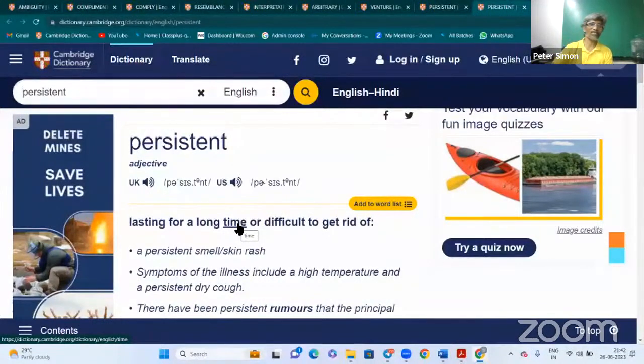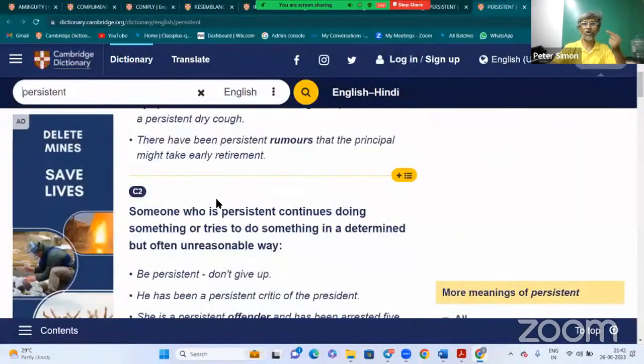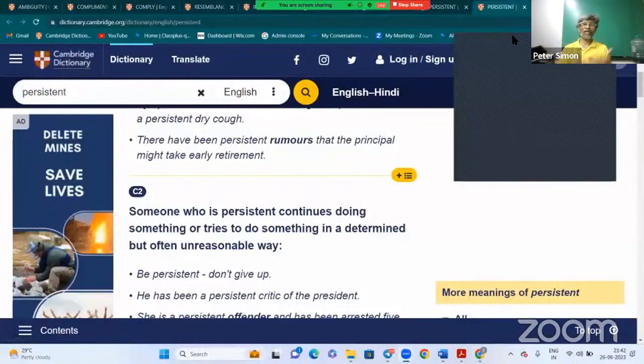So persistent, what is the level of this word? It's a C2 vocabulary. So how well you are playing with the words is very, very important, because I have told you about a number of letters. I have explained many letters, sentences, lines, vocabulary. But now I'm focusing on C2 vocabulary, and on how well you will use these words.